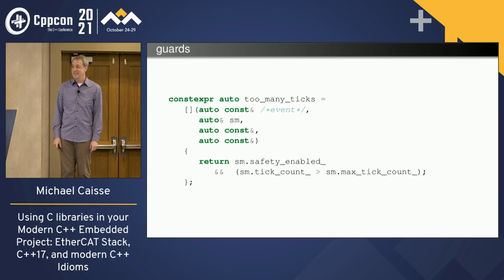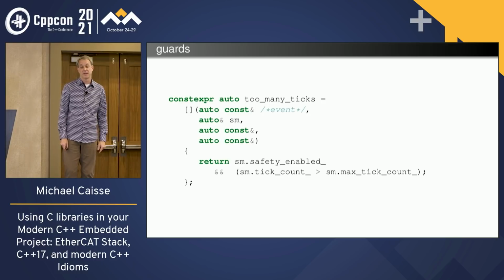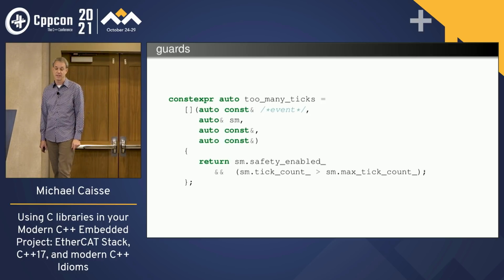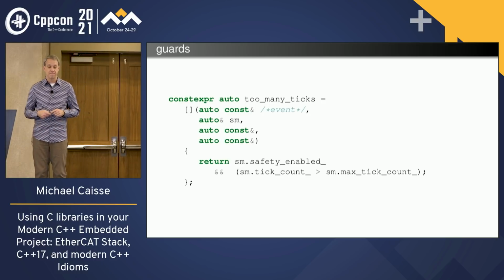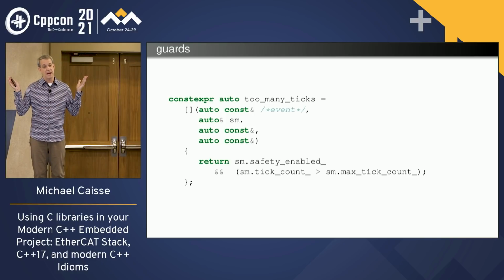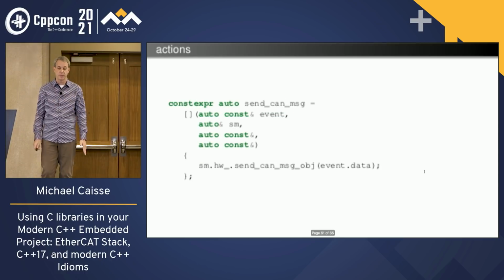And so the fastest way to get there was, I know I'm going to get the state machine as an object, as a reference. And so I can just ask it questions like, what is my current tick count? Okay, so if there were too many of these ticks, then I can return true, and then that will cause the guard to be satisfied, and it would take the transition associated with that.